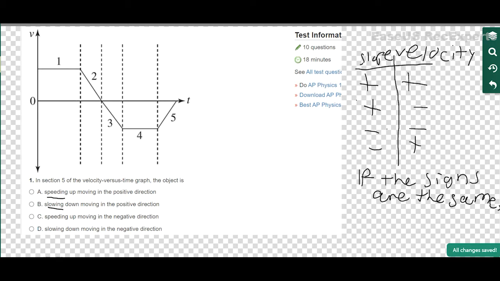The signs are the same, that means the object is speeding up. And vice versa, if the signs are different, then the object slows down.